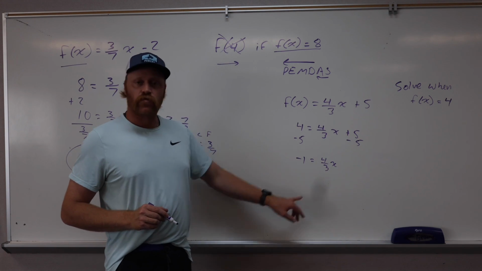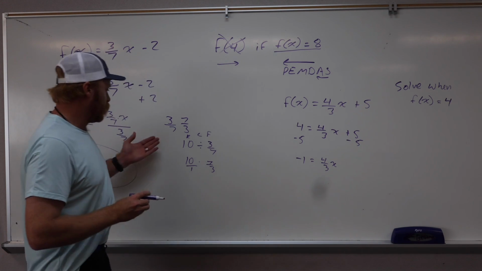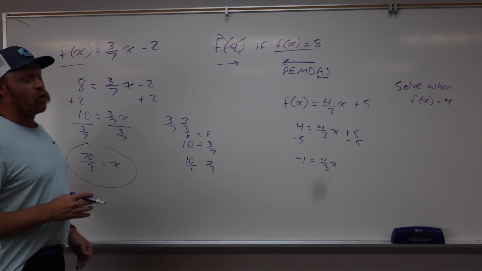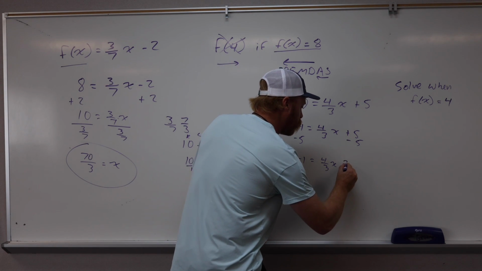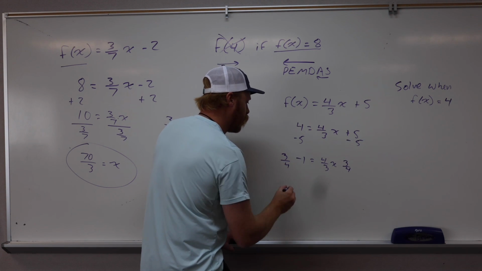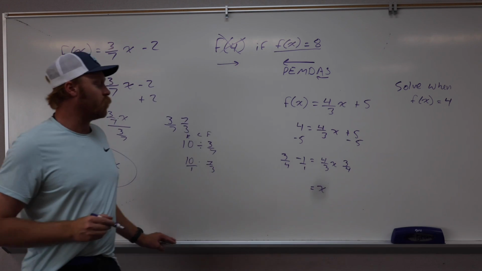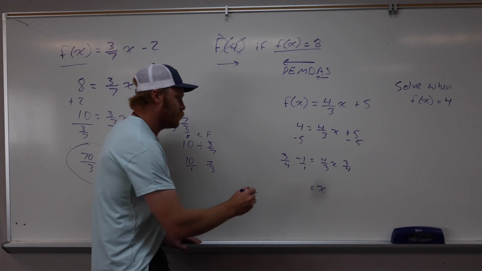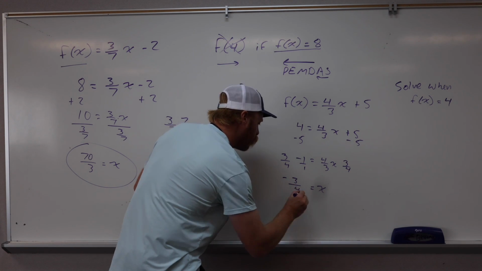We have a fraction greater than 1 here, 4/3. If you like the shortcut, you can think about multiplying both sides by the reciprocal, 3/4. In this case, you're going to get x equals -3/4.